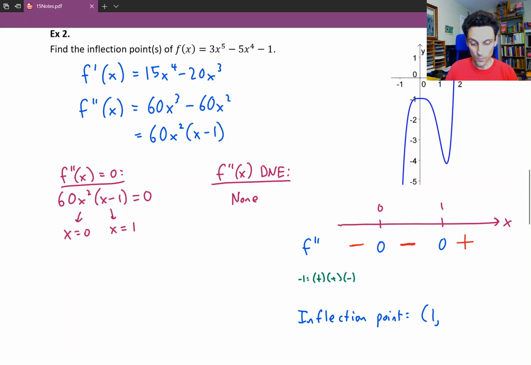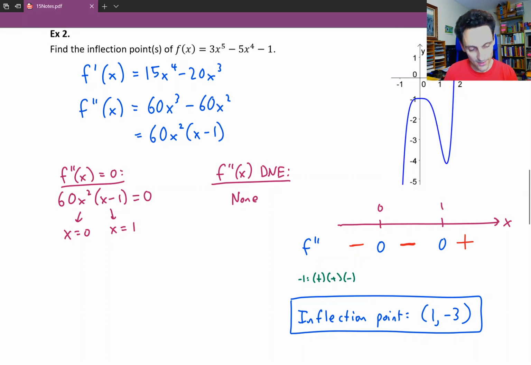So 3 times 1 to the 5th minus 5 times 1 to the 4th minus 1. There, each term becomes its coefficient when you plug in a 1. And so you just get 3 minus 5 minus 1, which is -3. So there's the inflection point.